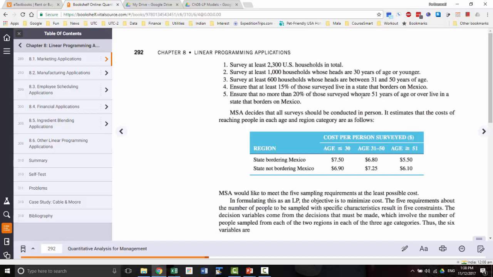So here is a kind of two things that are going on here. So no more than 20% of 51 years of age or over live in a state that borders on Mexico. Okay, all right. So here are some given input data. The cost per person surveyed.